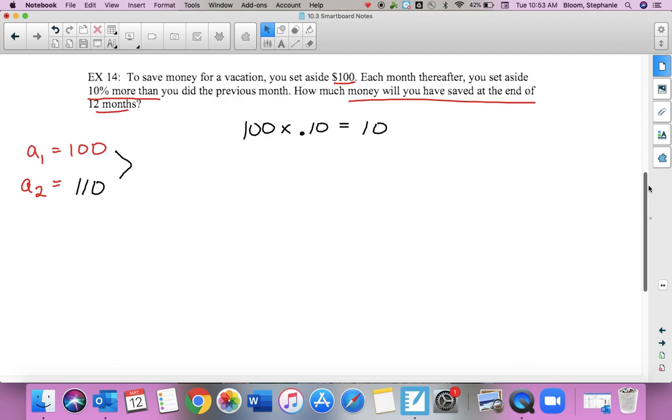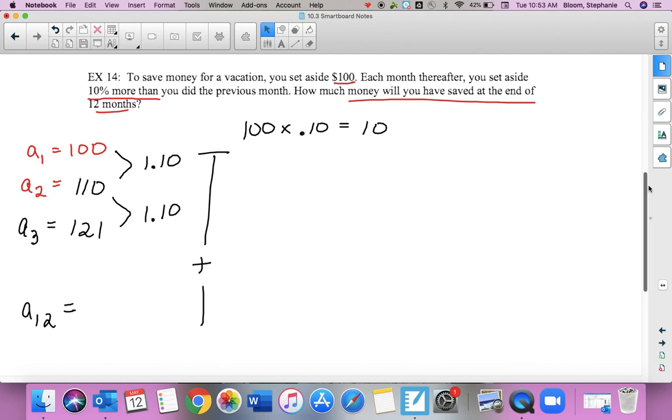That means I'm not just multiplying by 0.10, I'm multiplying by 1.1 because I want to add that 10%. So the third month, if I did that, would be 121. And the question is, after 12 months, if I add all this up, how much will I have saved?